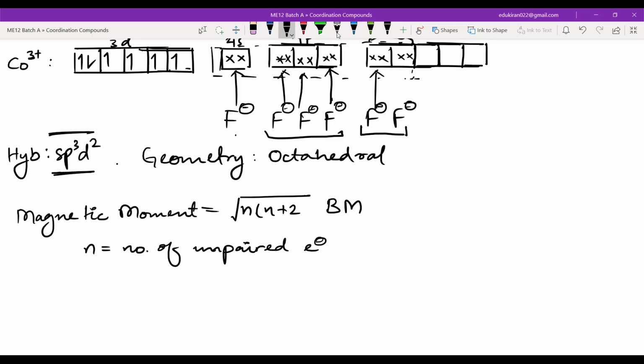The bracket is closed after n plus 2. The magnetic moment is given by mu. Mu will give you the magnetic moment, which will be equal to the square root of n into n plus 2.